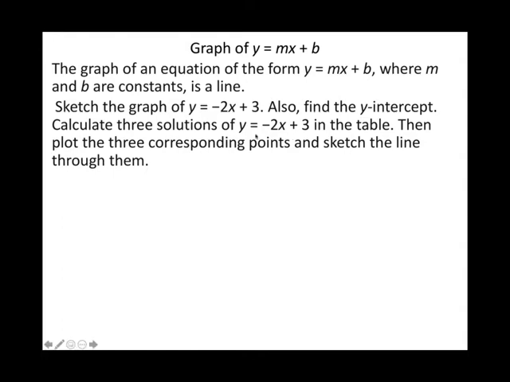So I have this equation here, and I try to make up the values for the x. I'm gonna put x equal to 0, 1, and 2. Okay, I want you guys to do it by yourself. Plug it in here. Tell me what you guys get for your y.